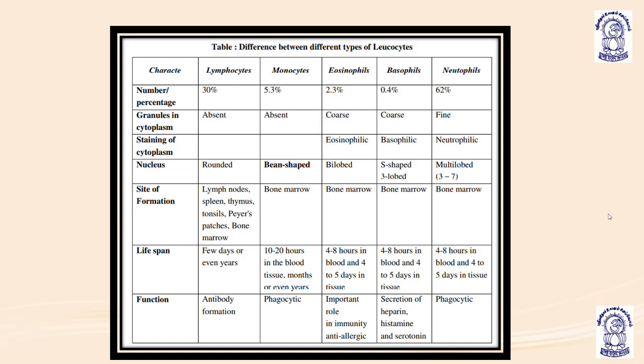So now we are going to discuss the different types of leukocytes, meaning the white blood corpuscles. Before starting with this topic, there are two terms: DLC, which is differential leukocyte count, and TLC, that is total leukocyte count.